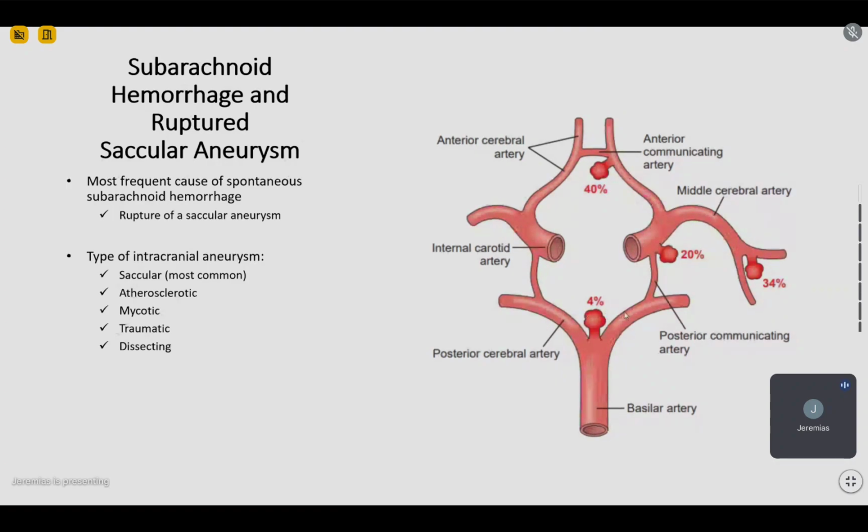So saccular aneurysm is the most common type of intracranial aneurysm, and other aneurysm types include fusiform, mycotic, traumatic, dissecting. 90% of saccular aneurysms are found near major arterial branch points in the anterior circulation.